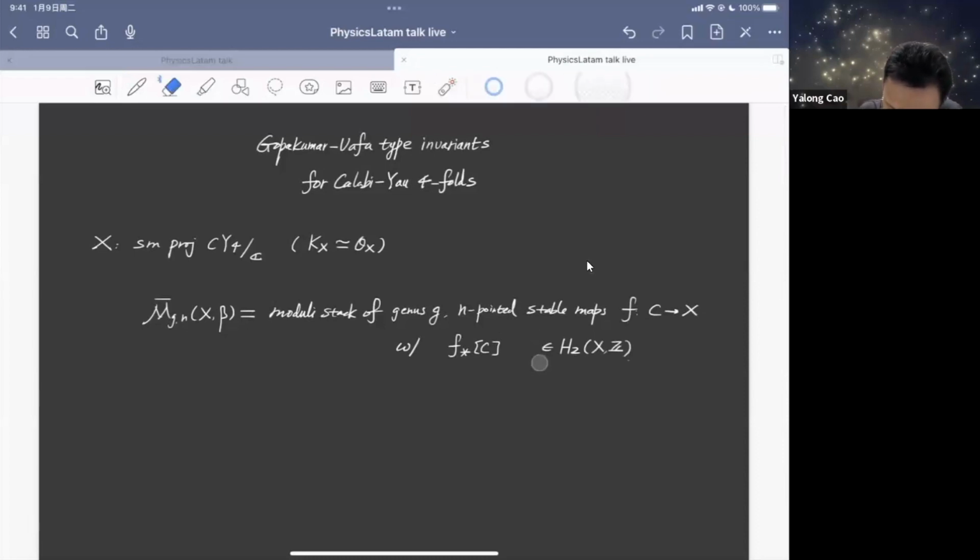So this beta here is a priori fixed, and this g denotes the genus of this curve, and n denotes the number of marked points on this curve.